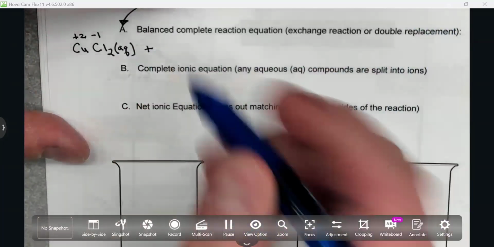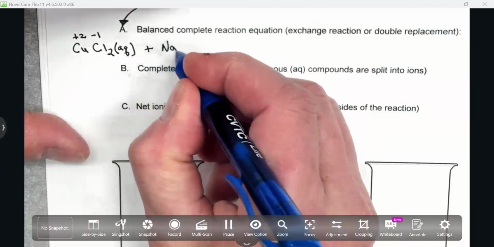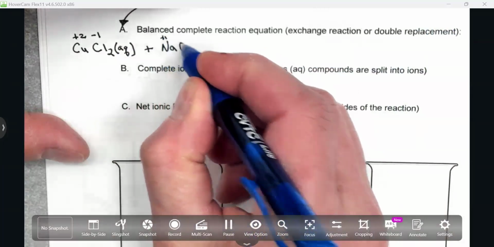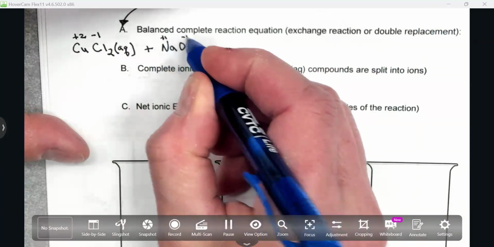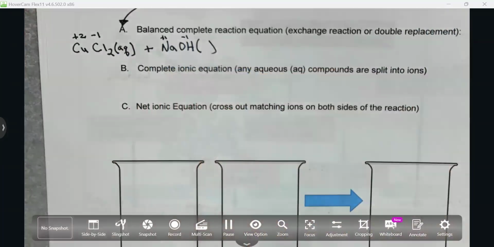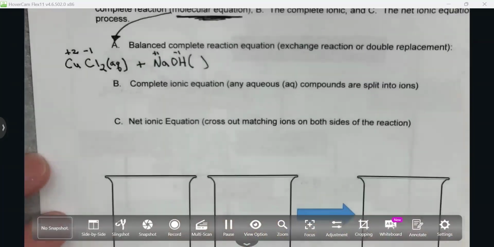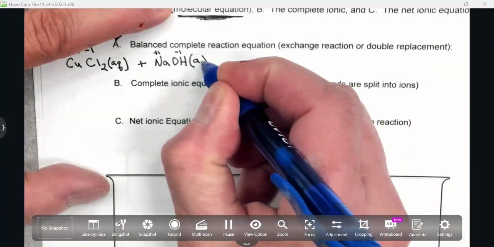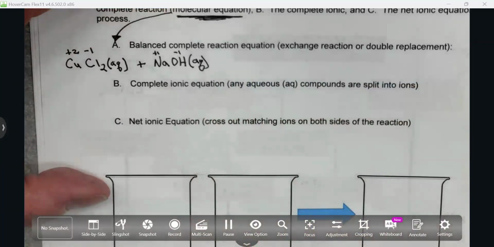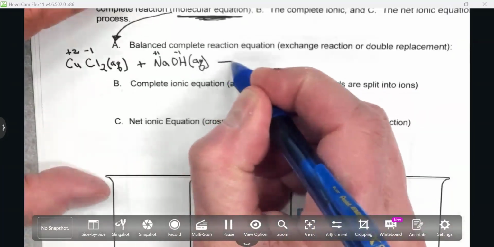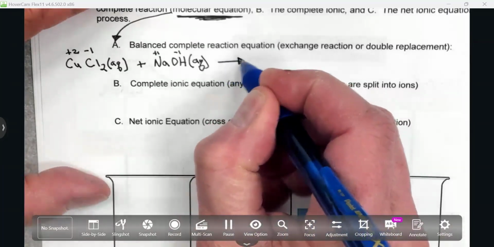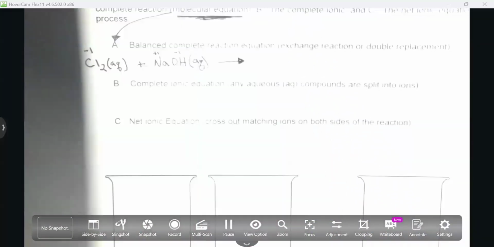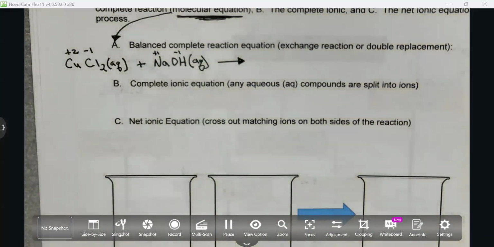Plus sodium hydroxide. Now, we just looked, all sodium compounds are soluble. We're not going to look up sodium and potassium ever. Aqueous. Arrow. Now, we need to do this exchange reaction, double replacement.